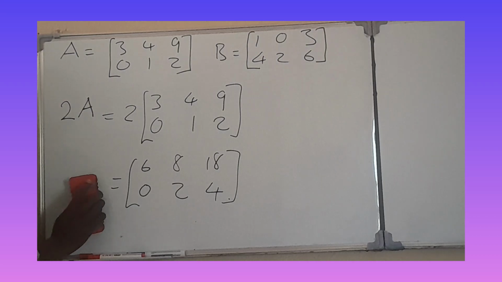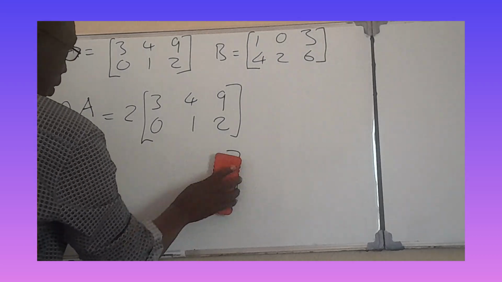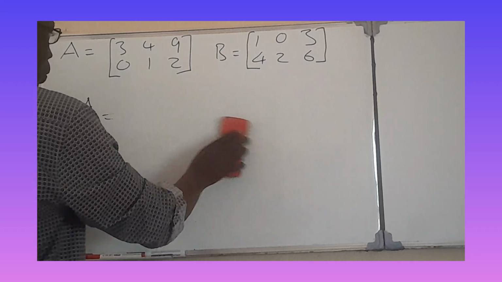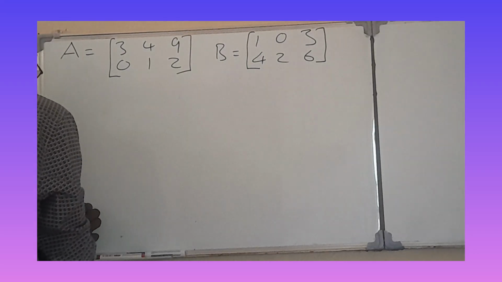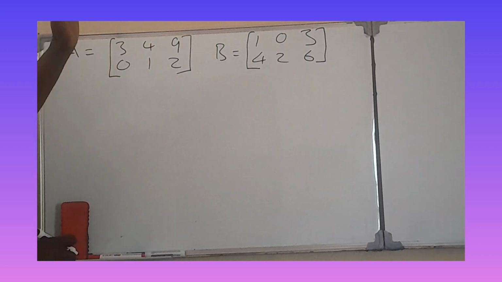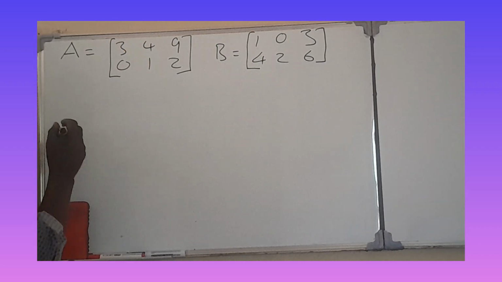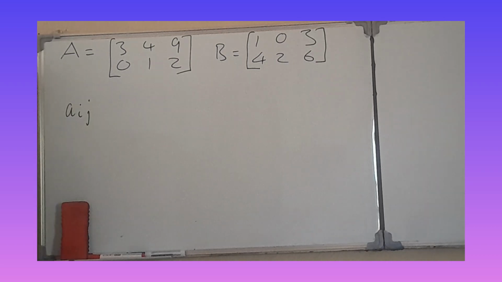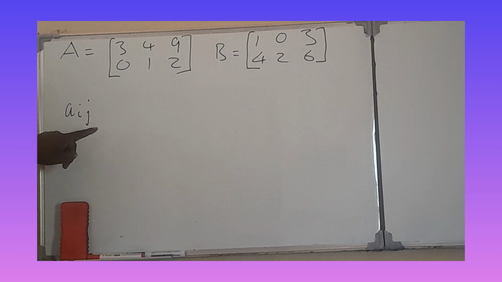Now in the previous video, we discussed the double subscript notation, where we said an element in row i and column j in A can be represented as Aij, where Aij means it's an element in A in row i and column j.